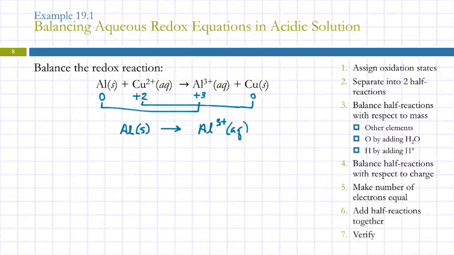It just doesn't happen. It'd be fun, but we can't. And then the other reactant, copper 2+ ion, is going to copper solid, the element. So we're going to use all of these up here, but we're splitting them into two equations. Any questions about that?